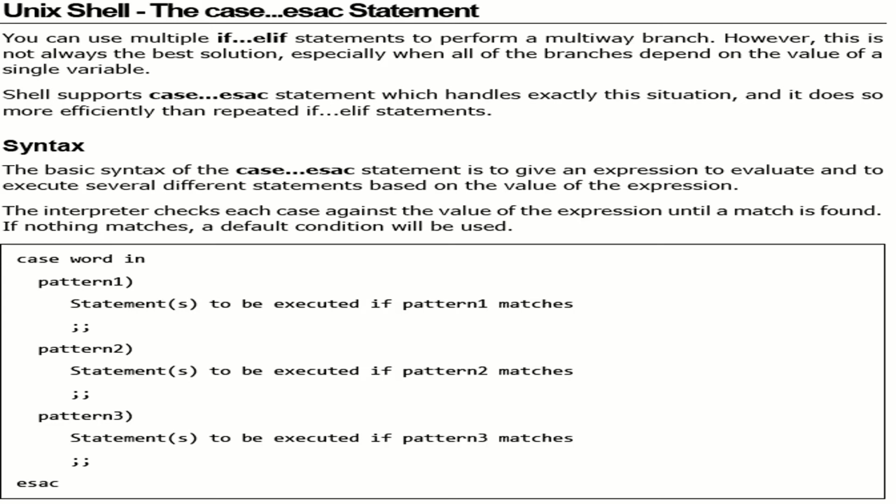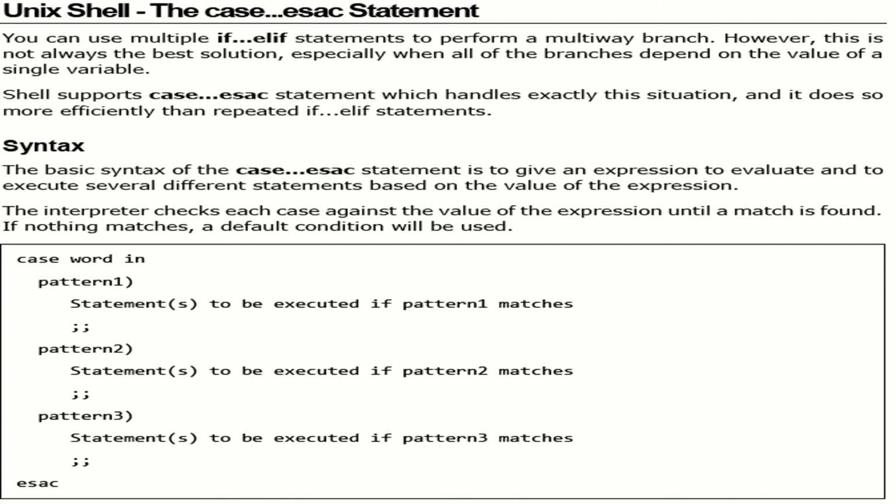Here, write the reserved keyword case, then write the expression or the word you are comparing. Then write in, then pattern 1 with some statements, pattern 2 with some statements, and pattern 3 with some statements.